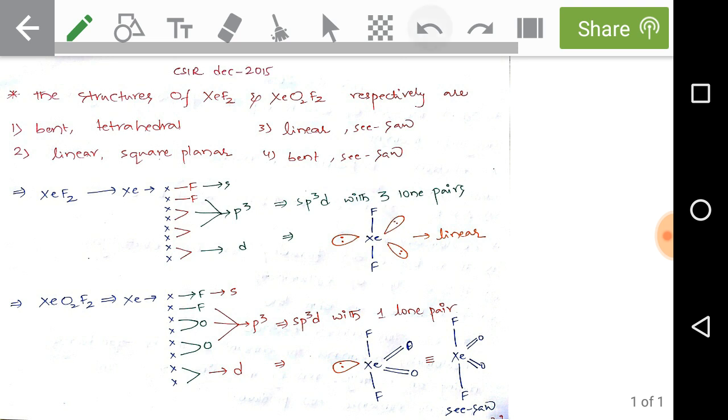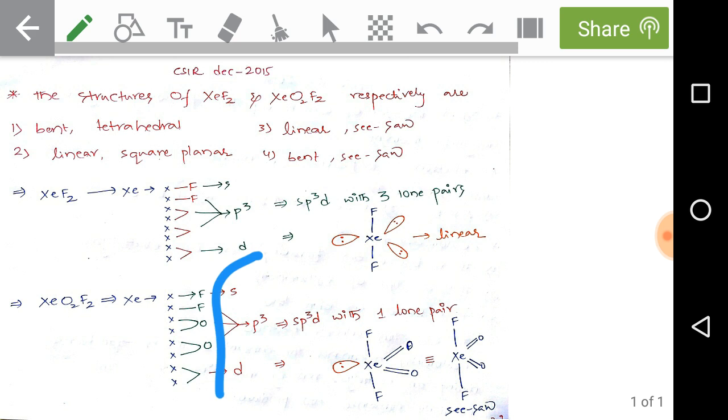Now we need to check for XeO2F2. In that, again we need to write 8 valence electrons of xenon, and then we need to take the bonds. Here we have 2 sigma bonds with 2 fluorines, and we have 4 bonds with 2 oxygens, that means 2 sigma bonds and 2 pi bonds, and 1 lone pair of electrons.